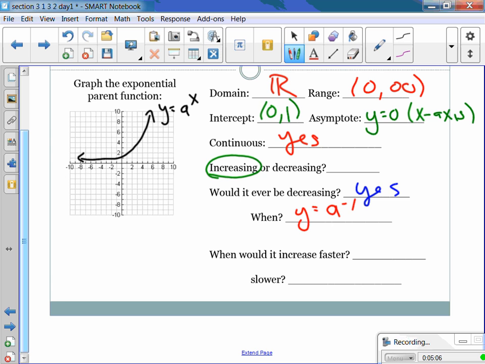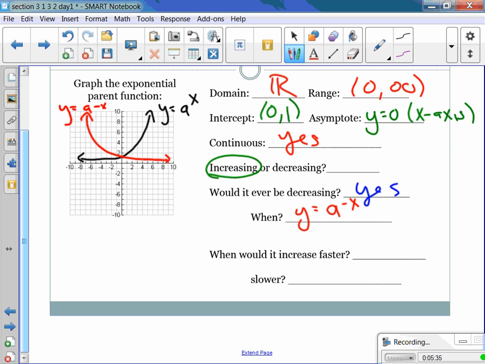If I reflected about the x-axis, it would be a decreasing function, absolutely. But the one we're looking at has the same intercept and the same asymptote.